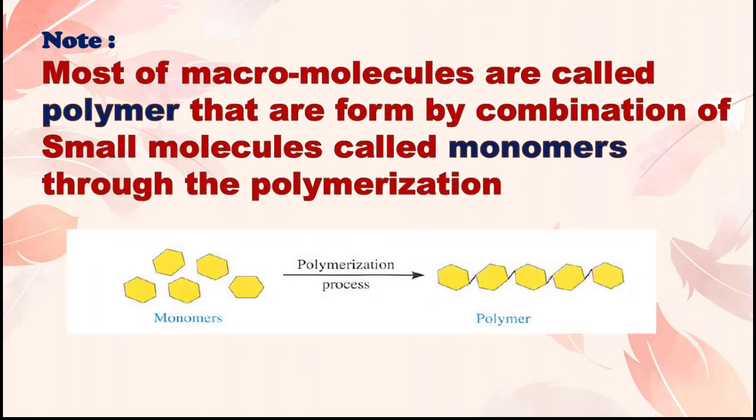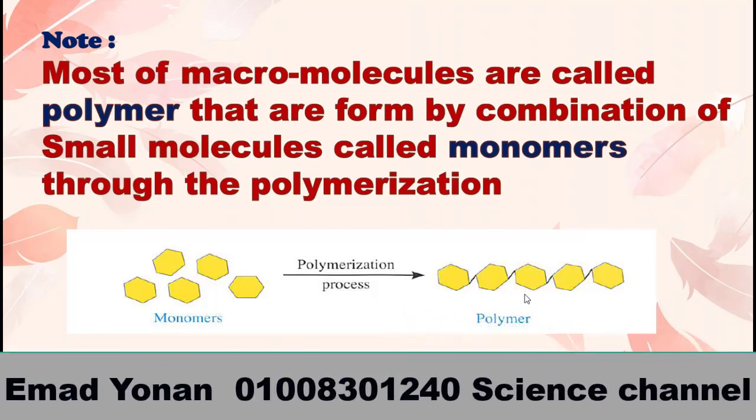In this shape, you see the small molecules called monomers, each consisting of a unit. If these units connect together by any type of bond, it is called a polymer or macromolecule. Small molecules change into large molecules. This process is called polymerization.